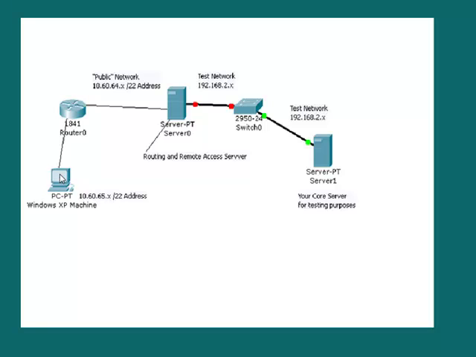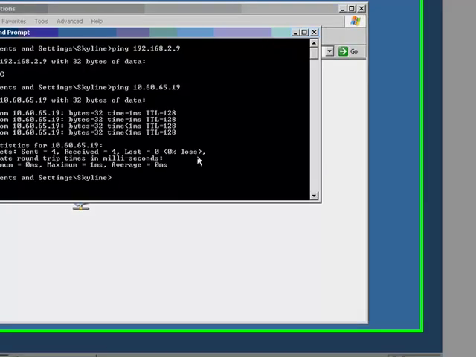10.60.65.x is the machine that I'm going to try to get to the back side of this network, to this server, the 192.168.2 address over here. I think this one's 2.9. This is 2.3. This is 10.60.65.19. So let's see how far we can go right now without the VPN connection.